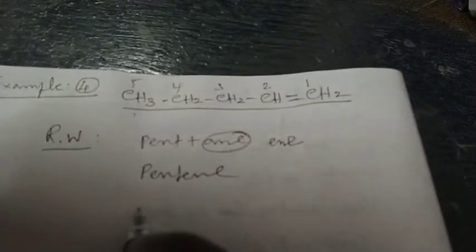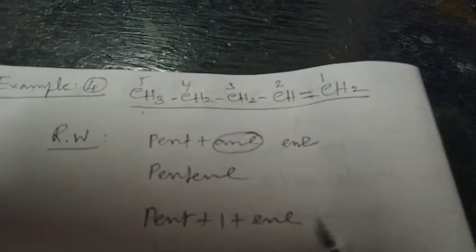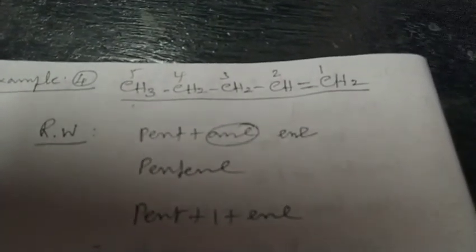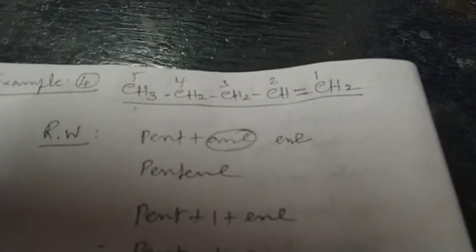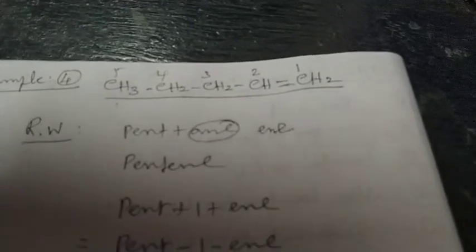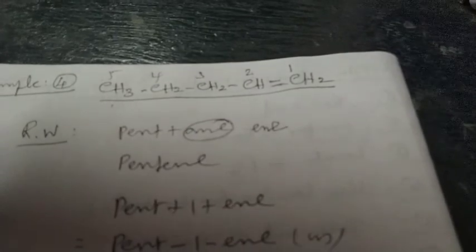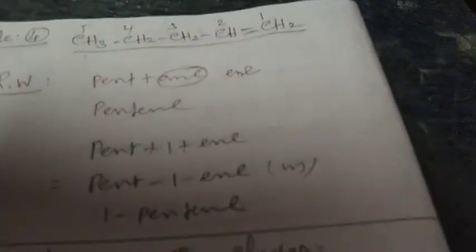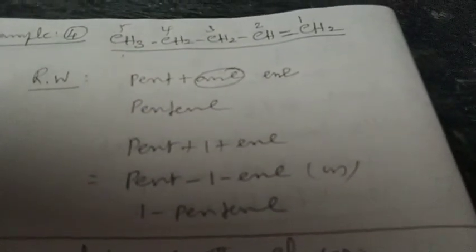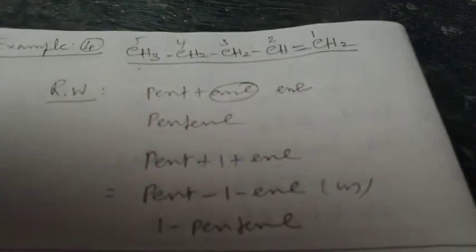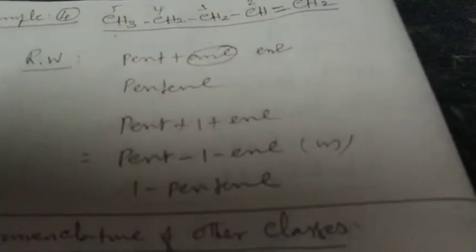So we can write pent plus 1 plus ene: pent-1-ene, or sometimes 1-pentene. So this is the way of writing the IUPAC name. The position of the double-bond-carrying carbon is 1, so pent-1-ene or 1-pentene.